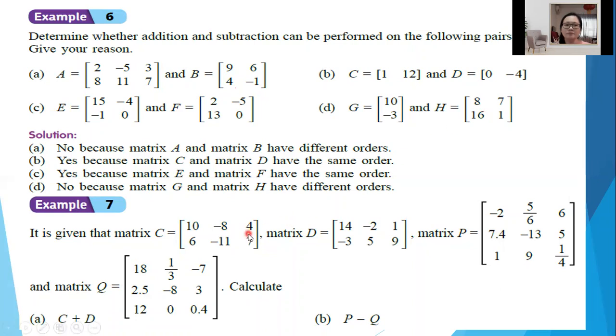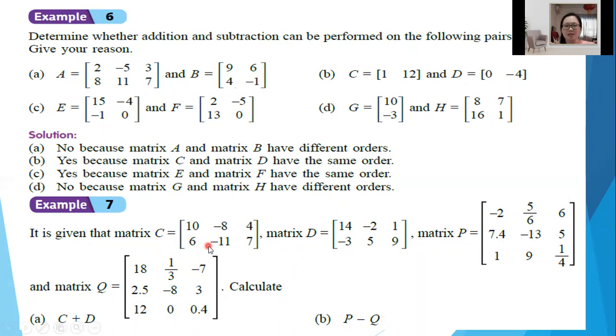Okay. Now we have matrix C, matrix D, matrix P, and matrix Q. We have 4 matrices here. Calculate C plus D, P minus Q. Remember, if we want to do addition or subtraction, they must have the same order.